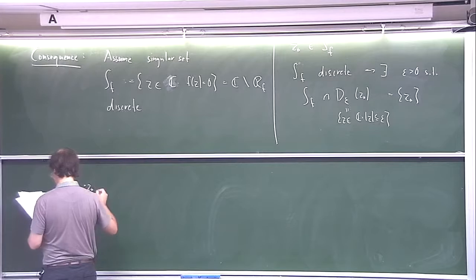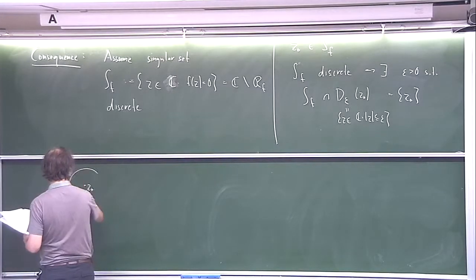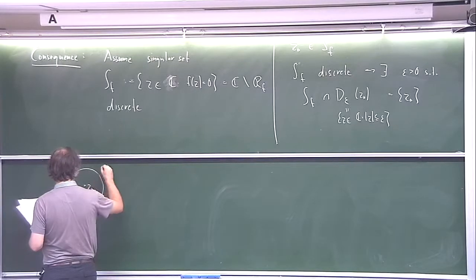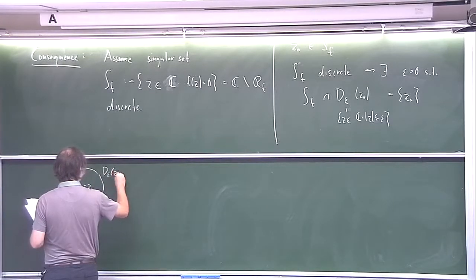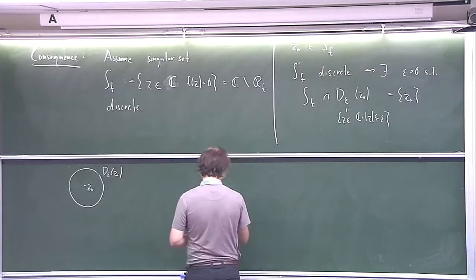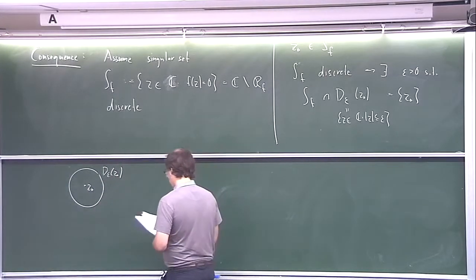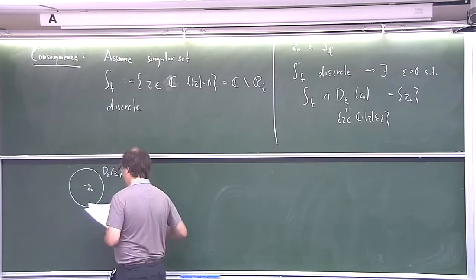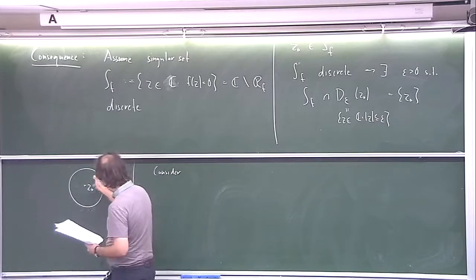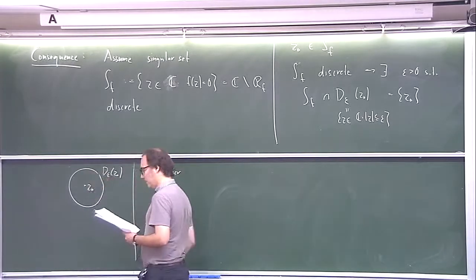There's z0. So we have here, and now, consider, we just go around the boundary of this epsilon ball.